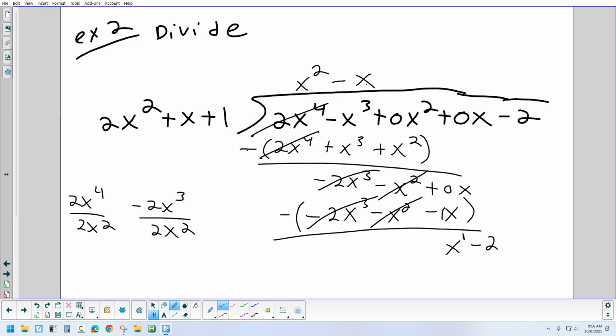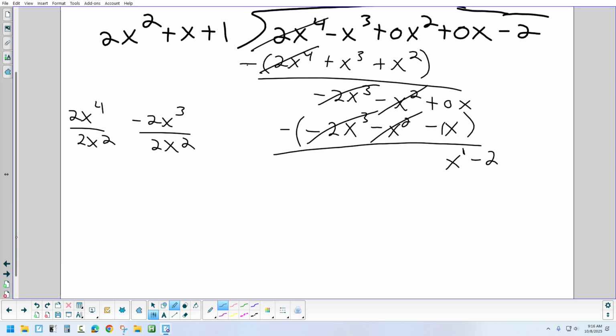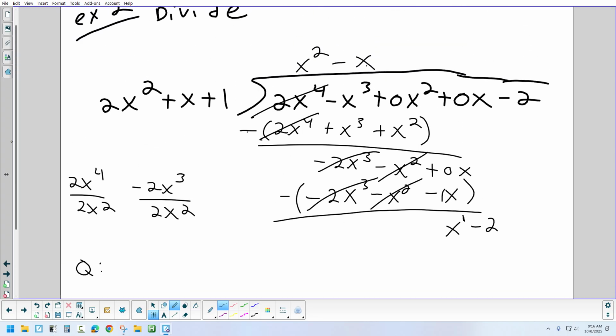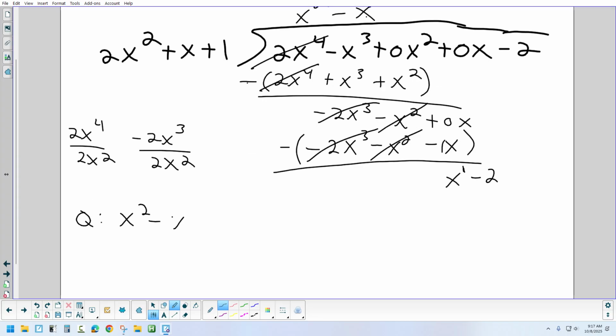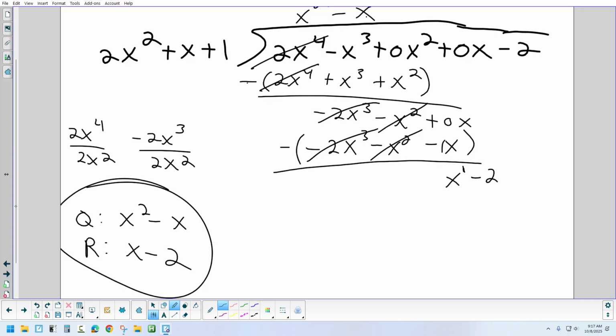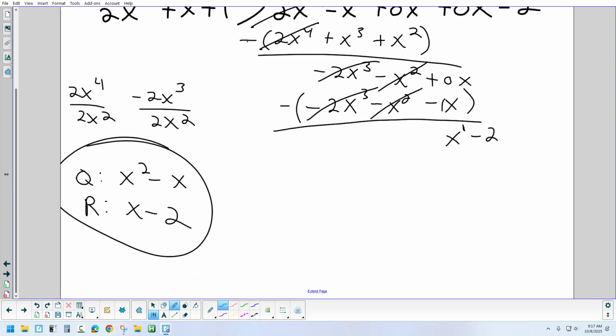So now we're done. It looked like it might have been a worse problem, but actually it was easier than the first one. So the quotient is what's at the top, x squared minus x. And remainder, x minus 2. Okay. Any question on that one?